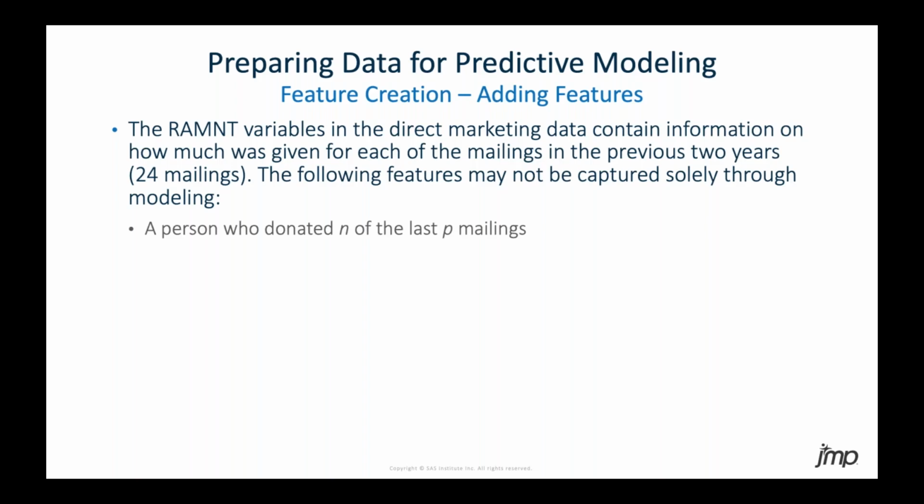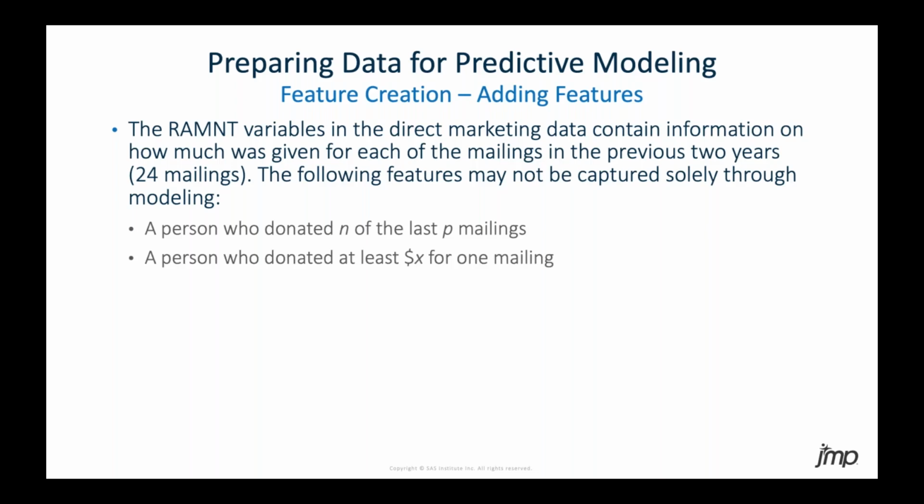Let's say I knew a lot about this data, I might posit that a person who is going to donate a lot is going to donate at least N out of the P mailings, or fewer than N out of the P mailings. But that information is not captured in the data. That would be something where I would use these 24 return amounts variables to create my new feature.